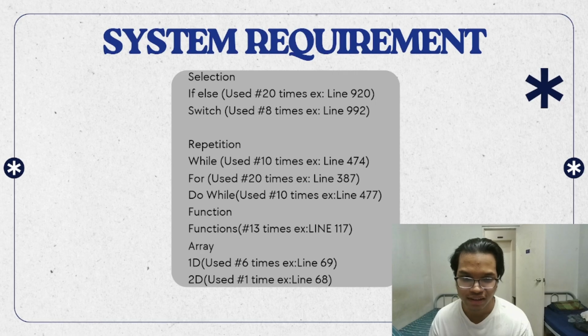Then for, used 20 times, for example at line 387. Then do while, used 10 times, for example at line 477. For functions, we inserted functions used 30 times, for example at line 117. And lastly, we inserted the array: 1D used 6 times, for example at line 69, and 2D used only once, for example at line 68.